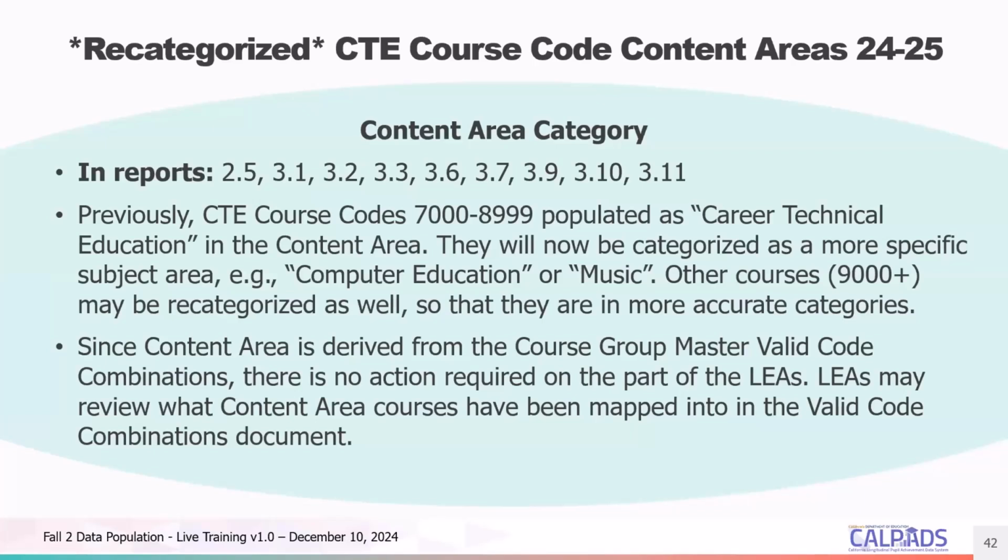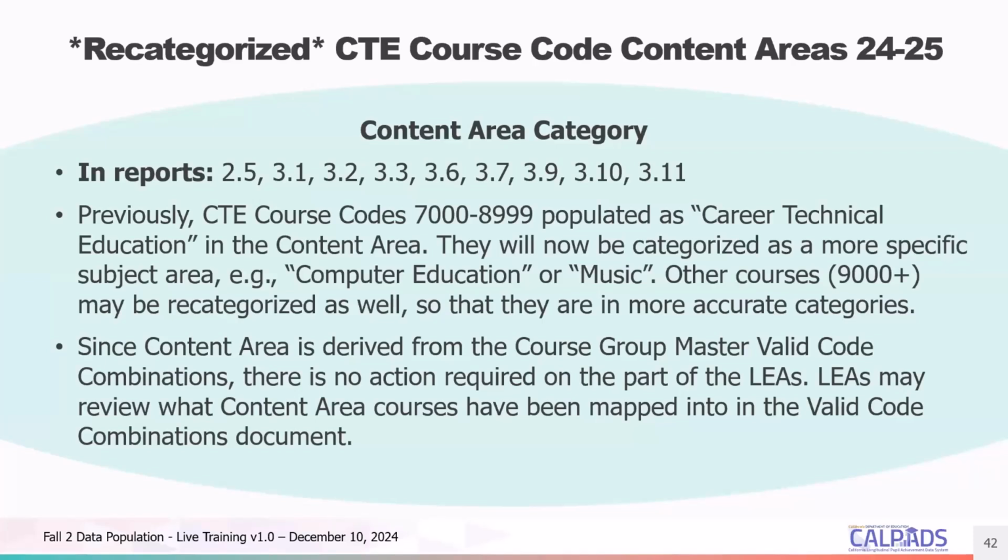Formerly CTE state course codes, again, those are course codes in the 7,000 to 8,999 range, all listed career technical education as the content area, but they'll now be categorized as more specific subject areas, for example, computer education or music. Other courses in the 9,000 range may be recategorized as well so that they are in more accurate categories. And this will become relevant in quite a few of the supporting reports and a couple of the aggregate reports in fall 2 as well.